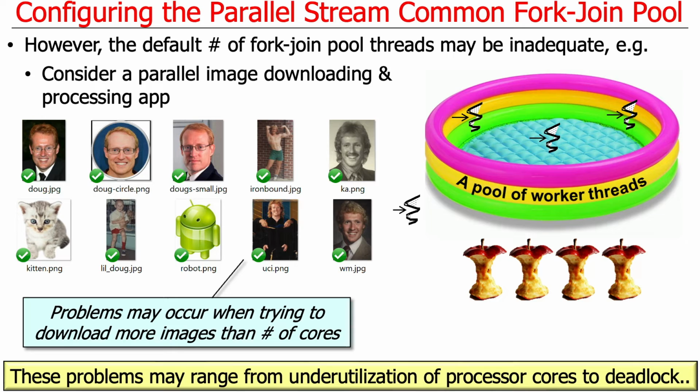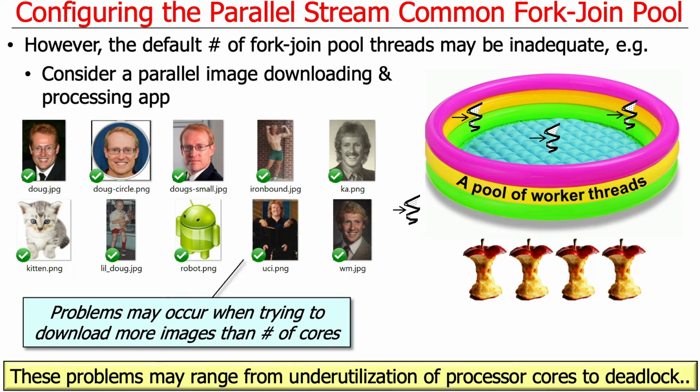And remember, when a thread blocks on I/O, that basically means it's stuck until the I/O completes. You could also end up with deadlock situations as well. I won't go into that use case at the moment.